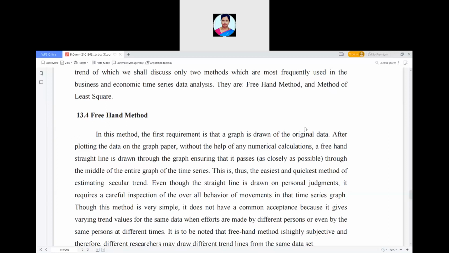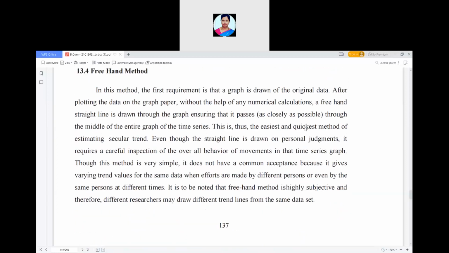Although this method is very simple, as said, it doesn't have common acceptance because it gives varying trend values for the same data when efforts are made by different persons, and even by the same person at different times.